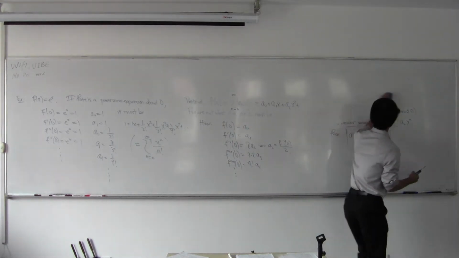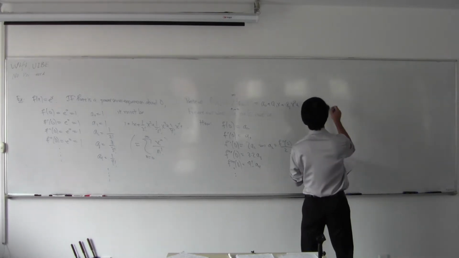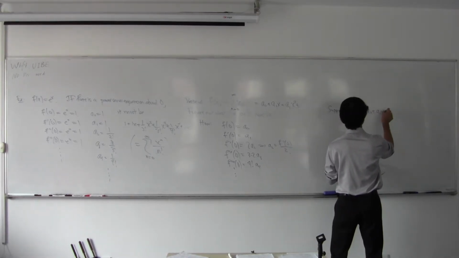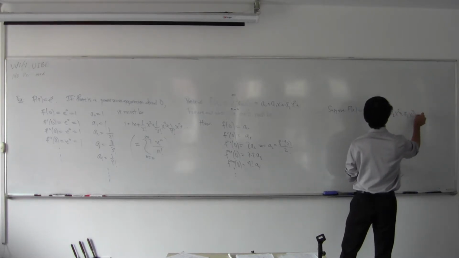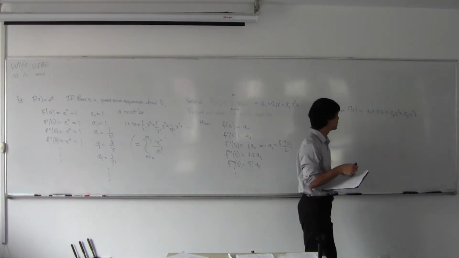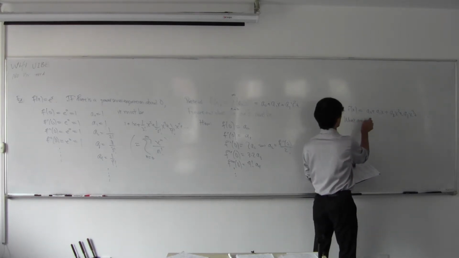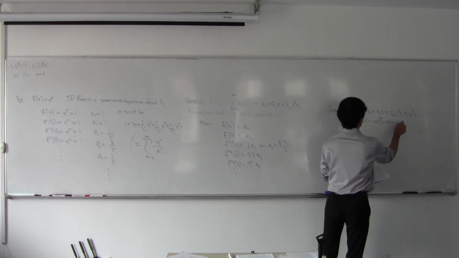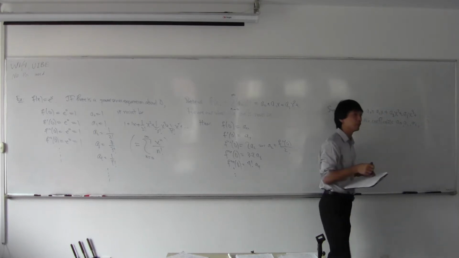Suppose your function actually is some sort of infinite polynomial. What are the coefficients? A0, A1, A2, etc. What are the coefficients?